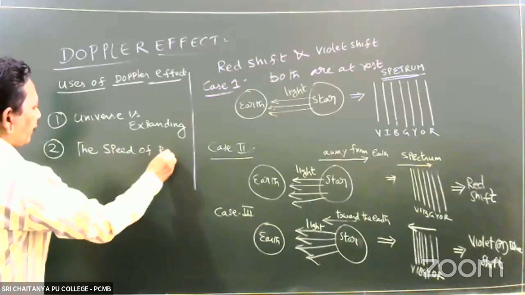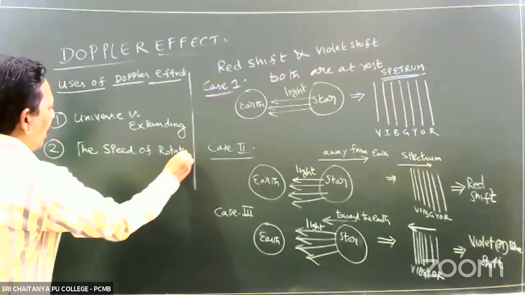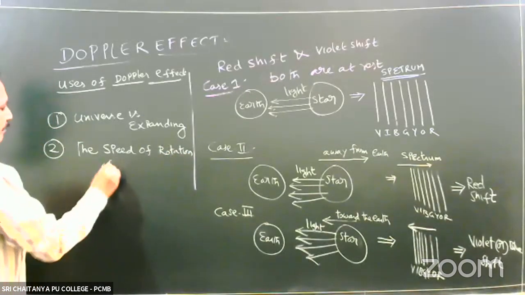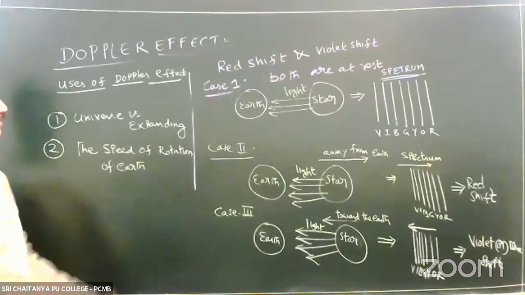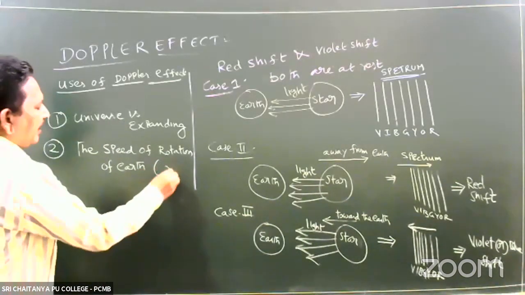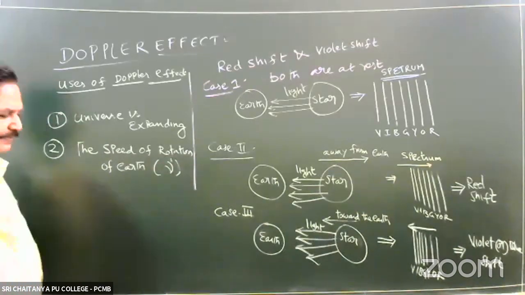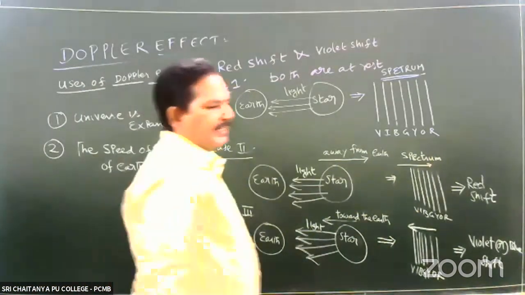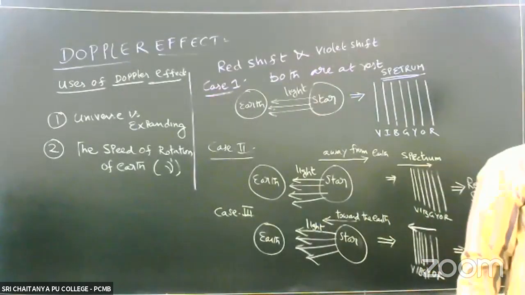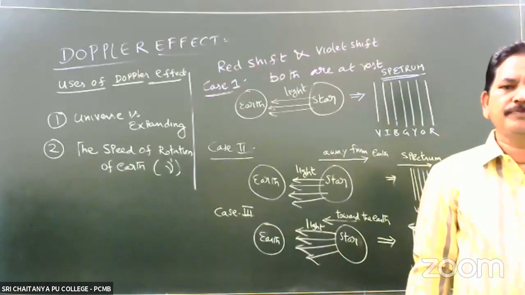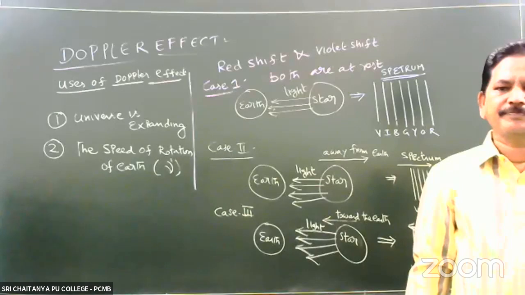Speed of rotation of earth can be estimated, can be calculated by calculating nu dash. By calculating frequency, we can find out omega, because n is equal to omega by 2 pi.